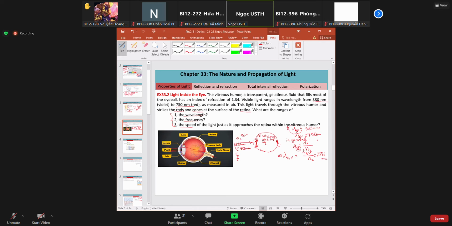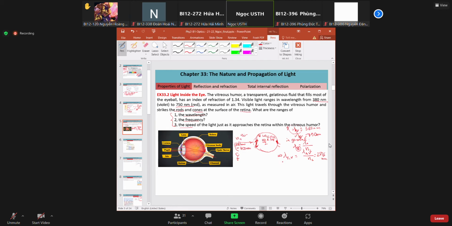So you see that if the wavelength in the air is 380 nanometers, when it transfers to this medium it is reduced to 283.6 nanometers. And we do the same for the red light.